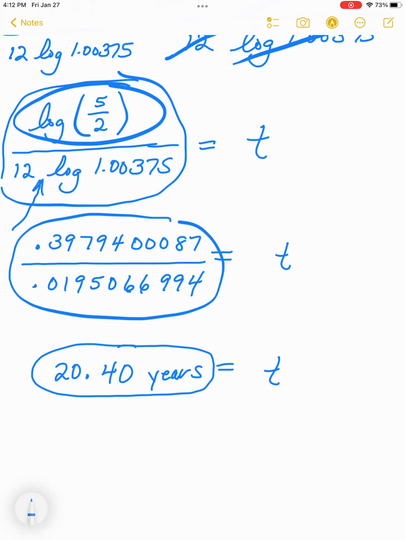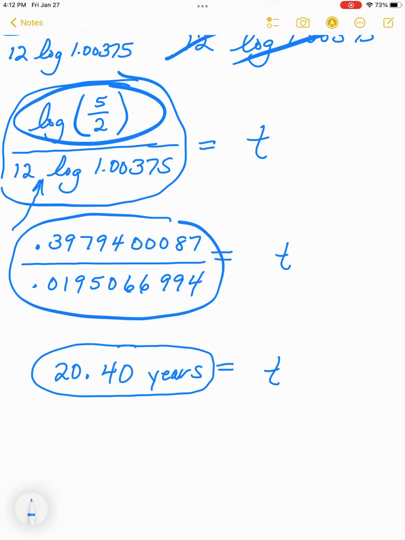So basically, with all other things being equal, the number of times that you compound makes a small difference in the total outcome of your account balance.